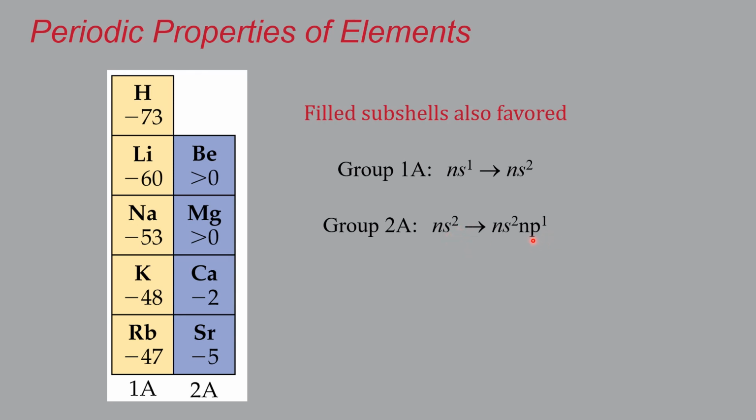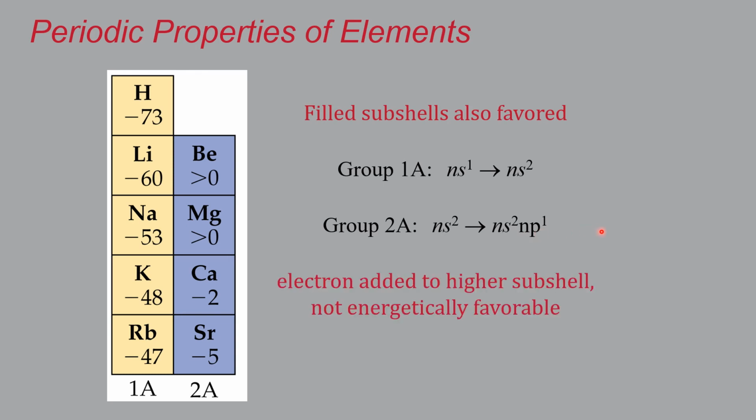That extra electron goes into the p subshell right above it. While this is not as bad as adding the new electron to a completely new shell, it's still energetically unfavorable. And so that is why the electron affinities for the group 2 elements are a little bit lower than you might otherwise expect, and these are a little bit greater than you might otherwise expect. And remember, we're reversing the math here.